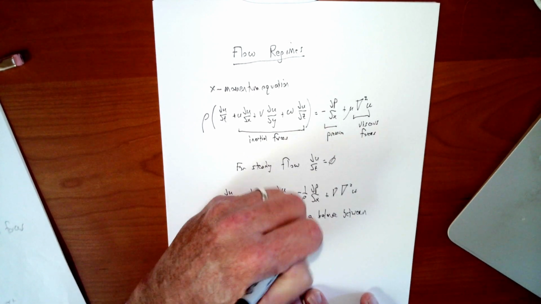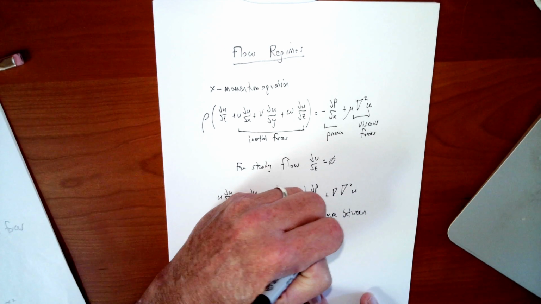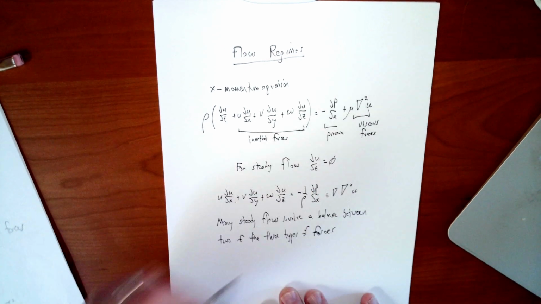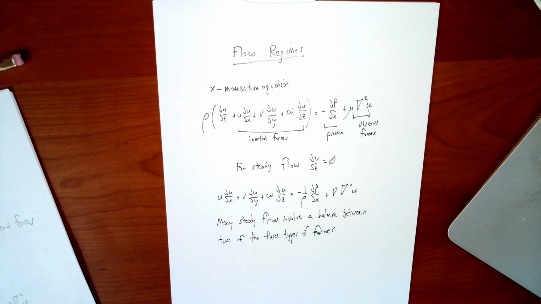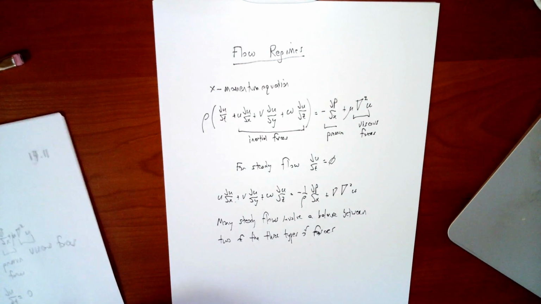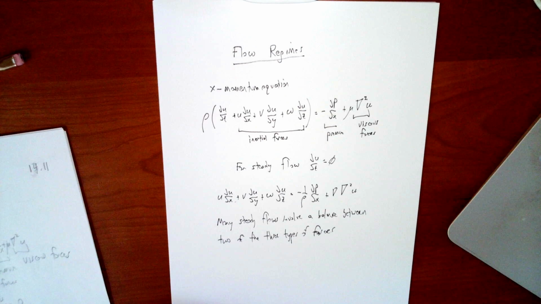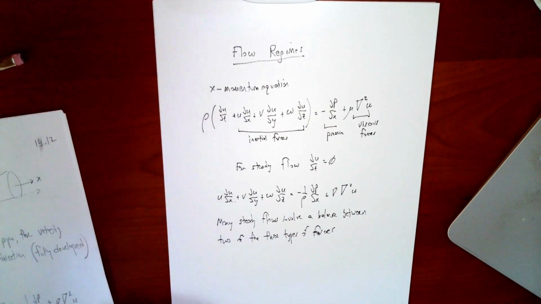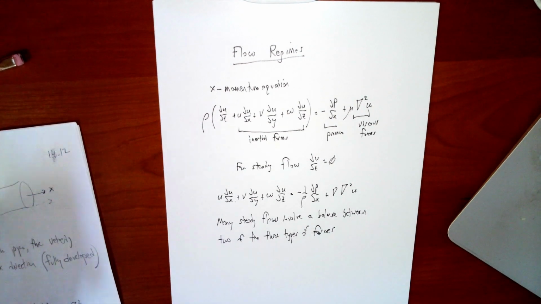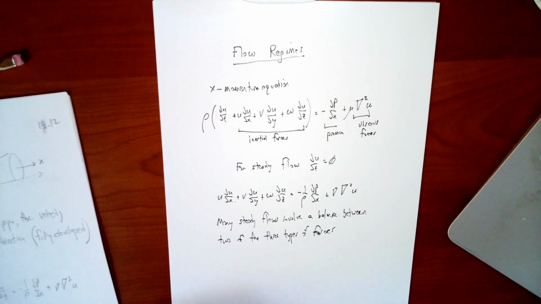Not always, but many. So that means one of the types is not significant or is negligible in the problem. In some cases, it is truly 0. So that's what we're going to try to do, figure out some of those flow situations where we don't have all three. We don't have inertia, pressure, and viscosity all acting at the same time, which makes for a very complicated situation. We might just have 2 of the 3.